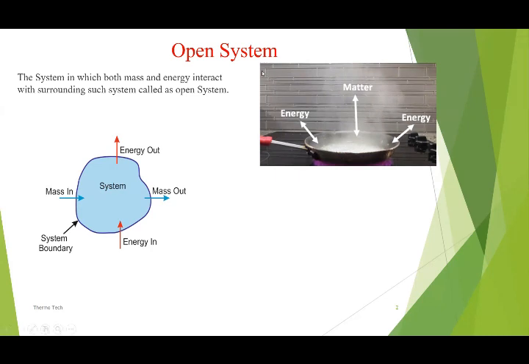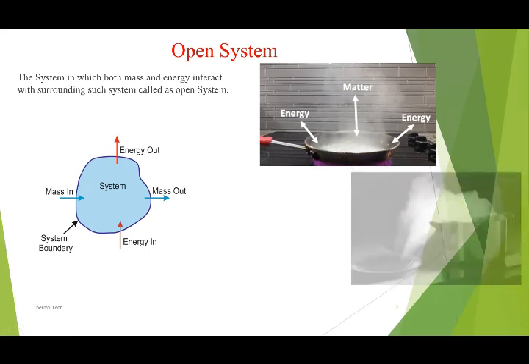So we can say that both energy and mass are interacting with the surroundings. It is one example of an open system.